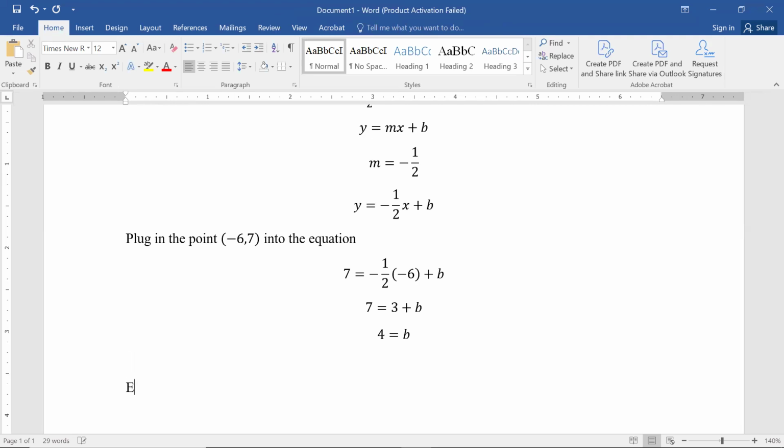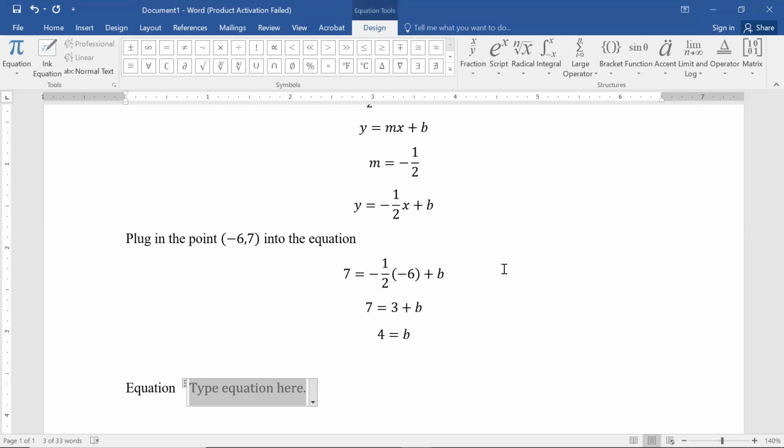That means my final answer here, the equation that I was looking for, is y equals -1/2 times x plus 4. And that's all there is to it when we are given a slope and a point on the line.